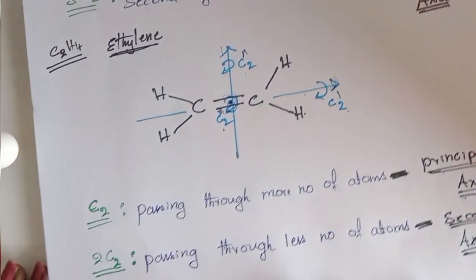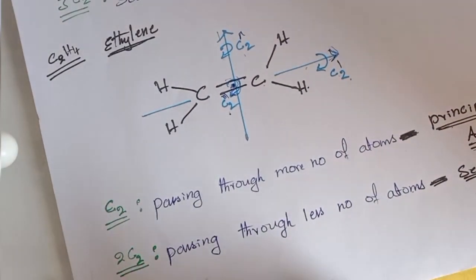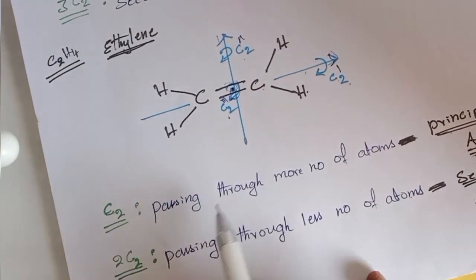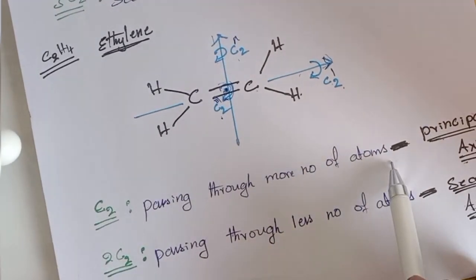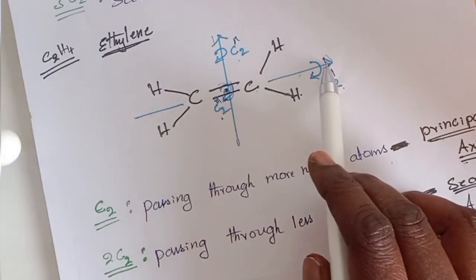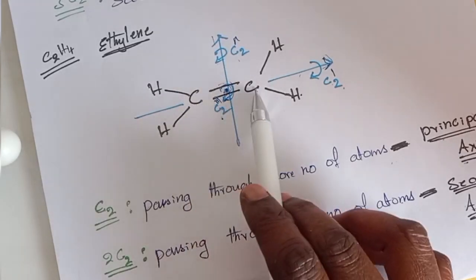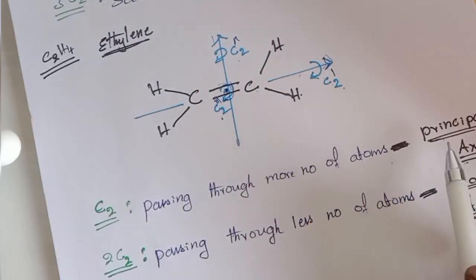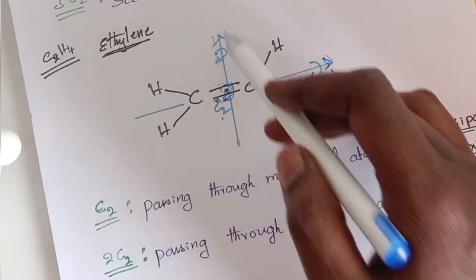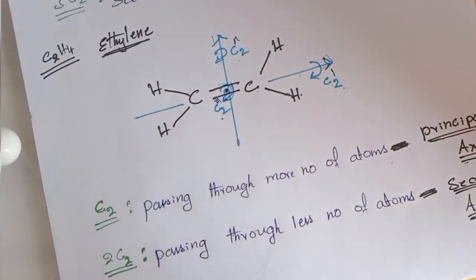Here the order of rotation is the same. In these cases, the C2 which passes through the most atoms, that means this C2 passing through the two carbon atoms, is called the principal axis, and the remaining C2s are called secondary axes.